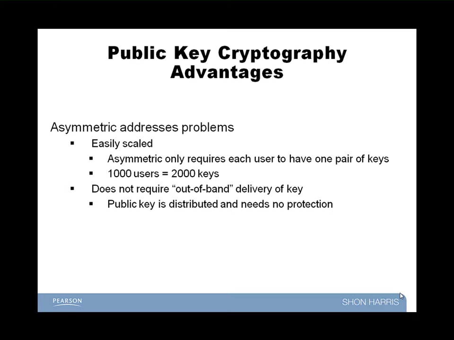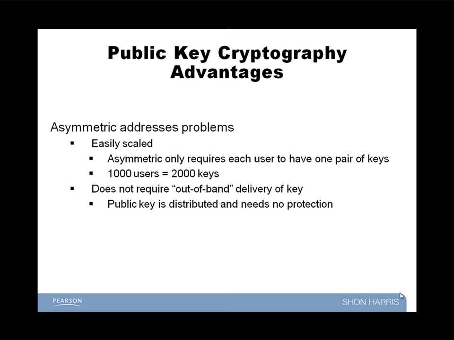So I don't have a bunch of instances of the same keys that I need to keep track of, because 100 people can have my one public key, and they encrypt information with my public key, and then I could decrypt it. So that's what scalability means. You don't have as many keys that you have to keep track of.